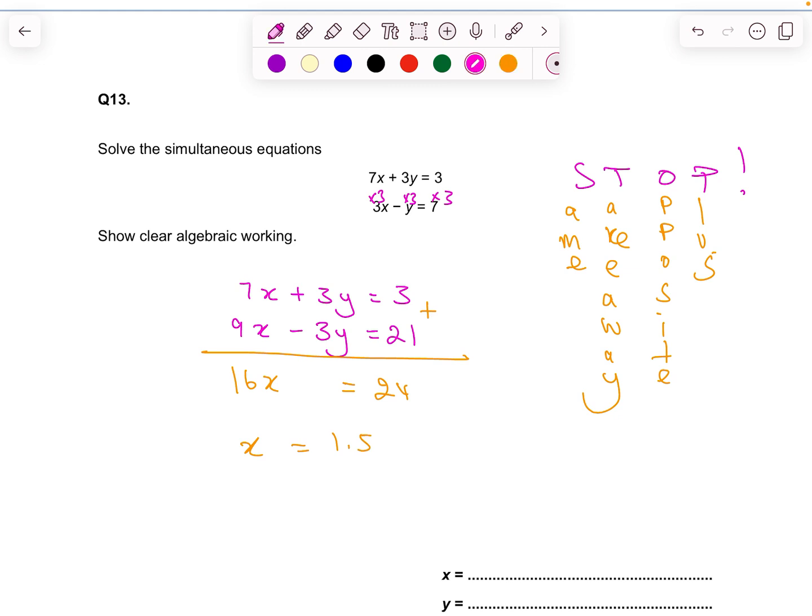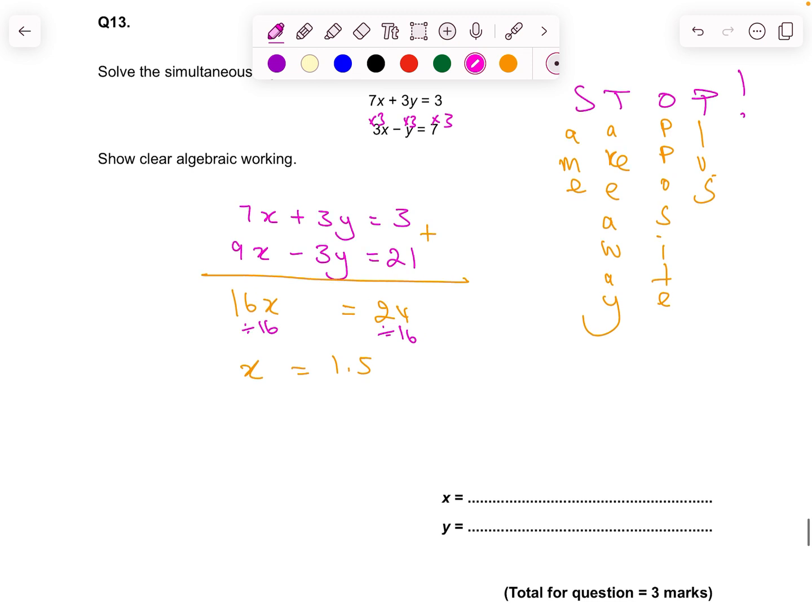Okay, so just to make it clear, I'll write that here. I divided both sides by 16 to give me x equals 1.5. So I've got that 1.5 here. Then I need to substitute into any of those equations to find my y. So I'm going to substitute into the original first one.